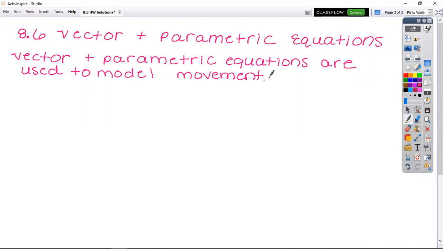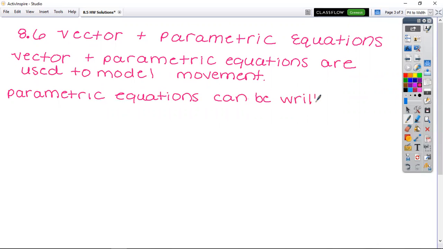So parametric equations can be written. I just want to be careful with notation today, but these are not bad at all.